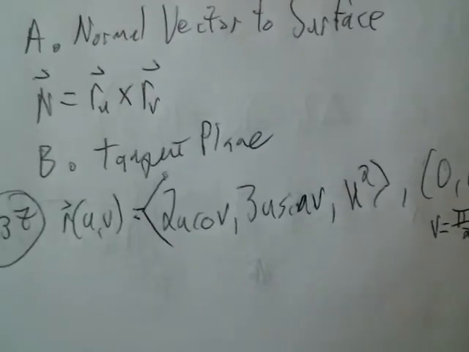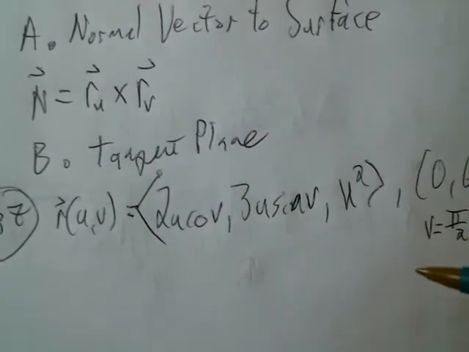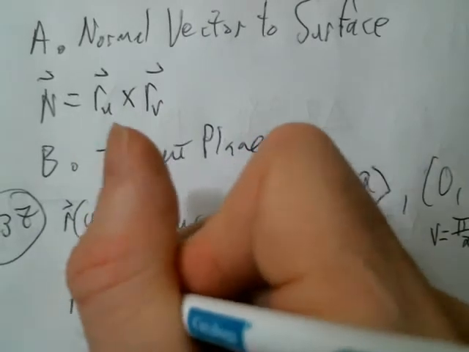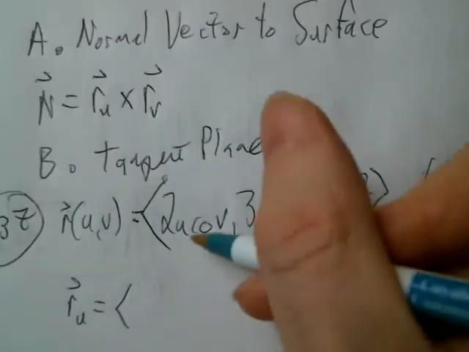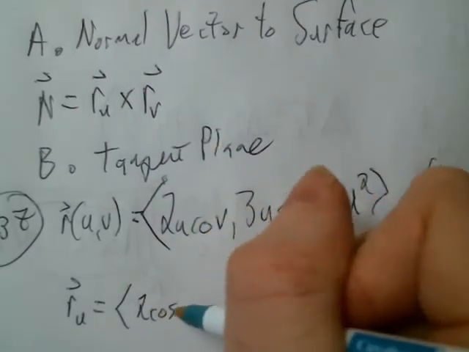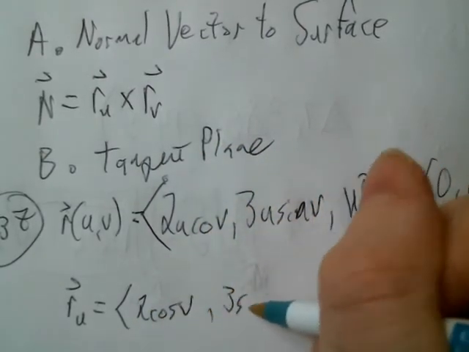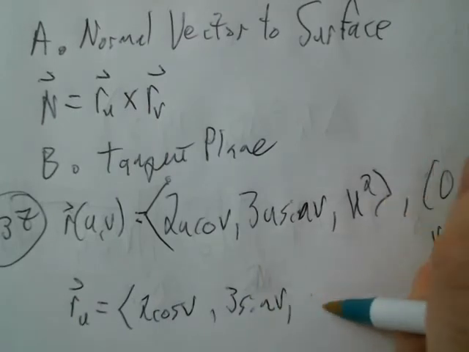Okay. Alrighty then. I need the partial derivatives of this. So r with respect to u is going to be 2 cosine v, comma 3 sine v, comma 2u.